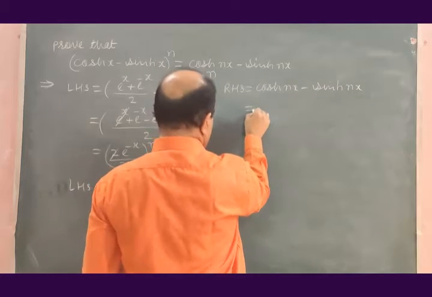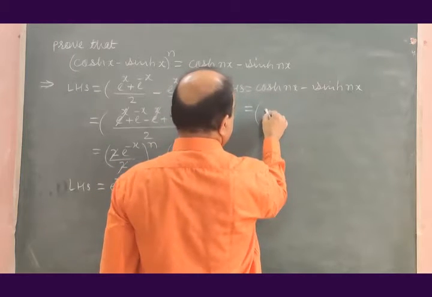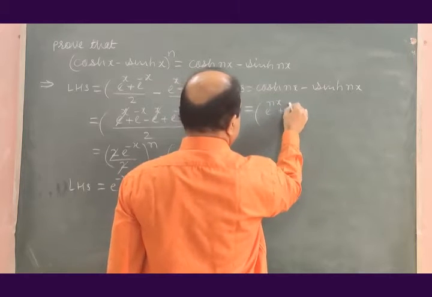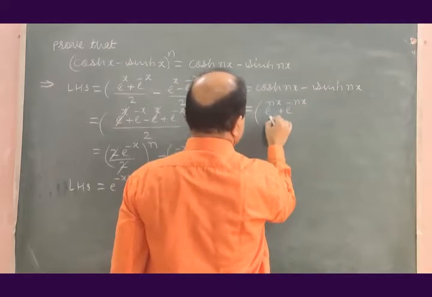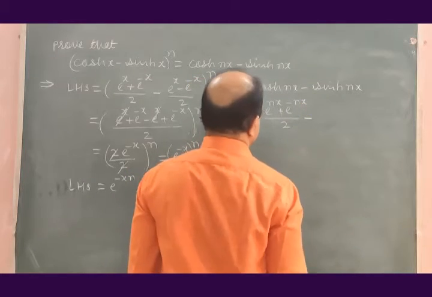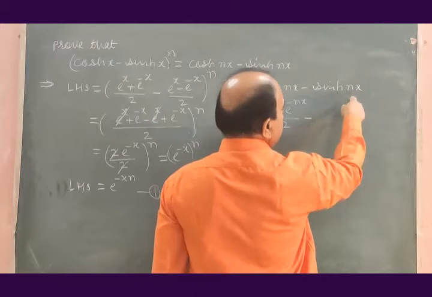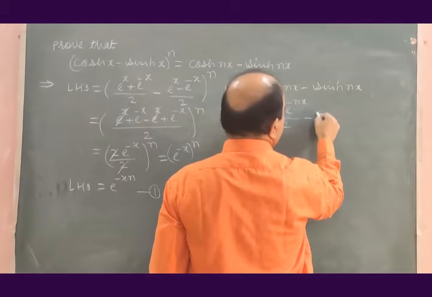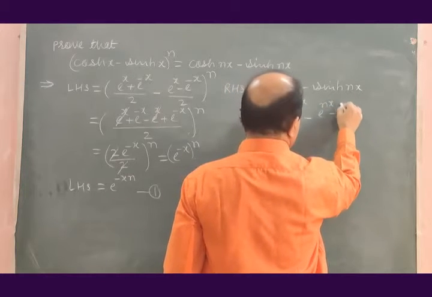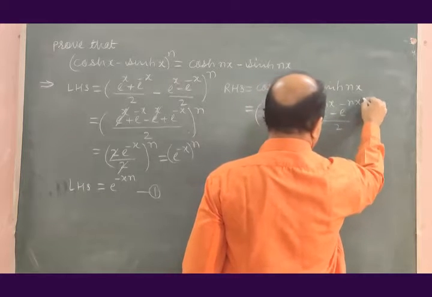This is equal to, let us make a bracket, cos hyperbolic nx is e to the power nx plus e to the power minus nx divided by 2 minus sin hyperbolic of nx, that is e to the power nx minus e to the power minus nx divided by 2.